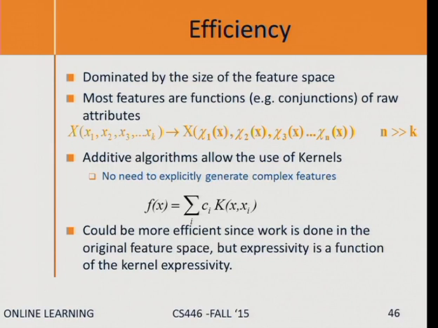We're going to transform the feature space into some other functions. I'm going to call these chi1 up to chi n, where n is typically much, much larger than k, and we're going to learn in this new space. So we're going to pay more, because the dot product on this space is going to be more expensive than the dot product on this space.